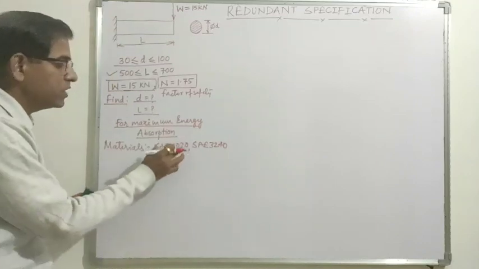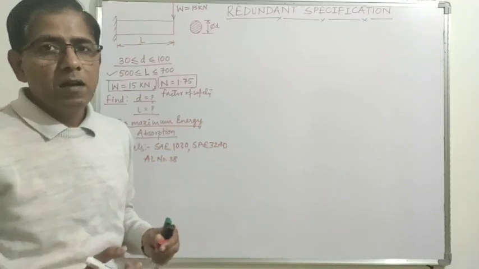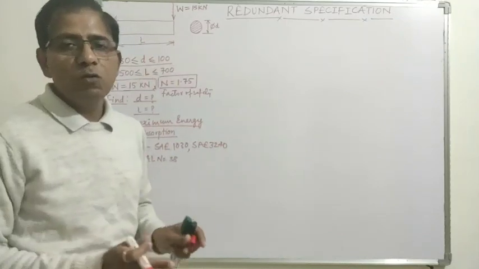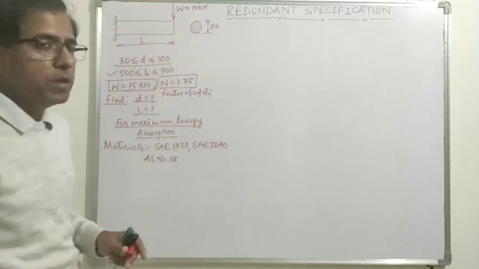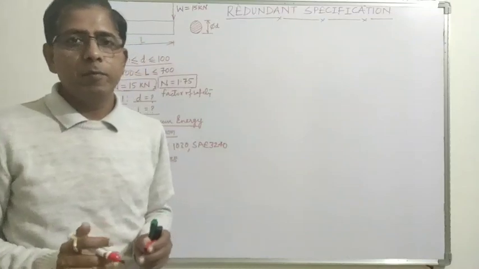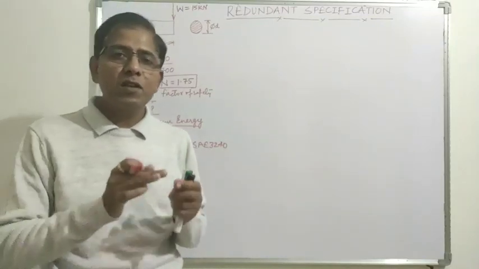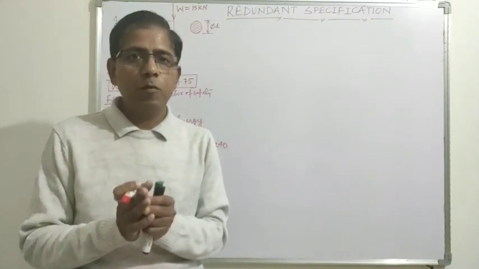So whichever material gives maximum energy absorption will be selected, but the constraint is that the diameter should be in between 30 to 100 mm and the length of the cantilever beam should be between 500 to 700 mm. So how do we identify whether it is a normal specification problem or a redundant specification problem?